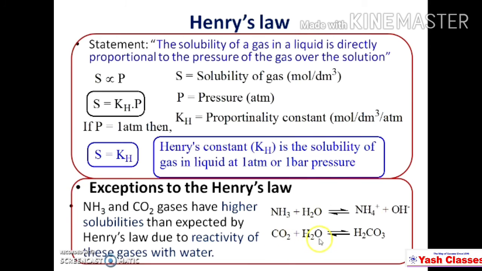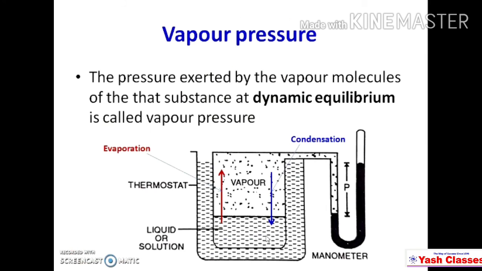Similarly, when carbon dioxide is passed through water, it forms carbonic acid, H2CO3, and therefore the solubility of carbon dioxide in water is more than expected as per Henry's law. So these are the two exceptions, ammonia and carbon dioxide.